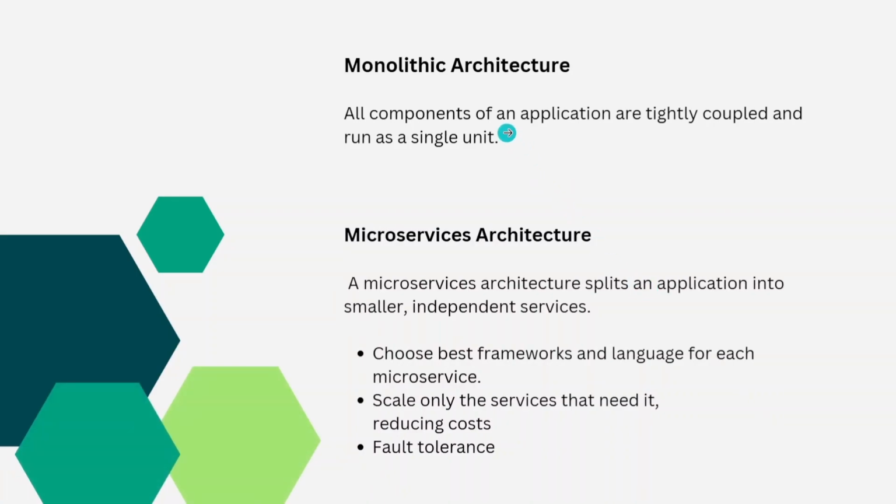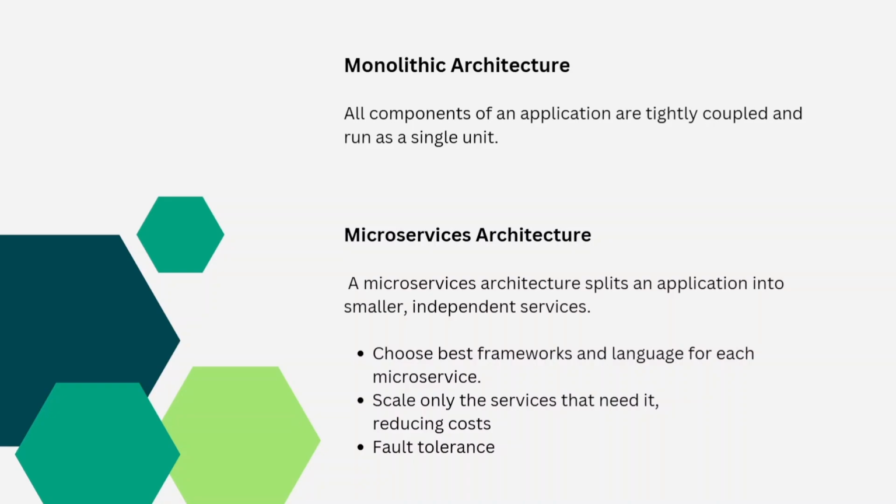So in monolithic architecture, all the components of an application are tightly coupled and run as a single unit. Oppositely, in microservices architecture, we split an application into smaller independent services. Each service focuses on a specific functionality. It provides the flexibility to choose the best framework and language for each microservice.